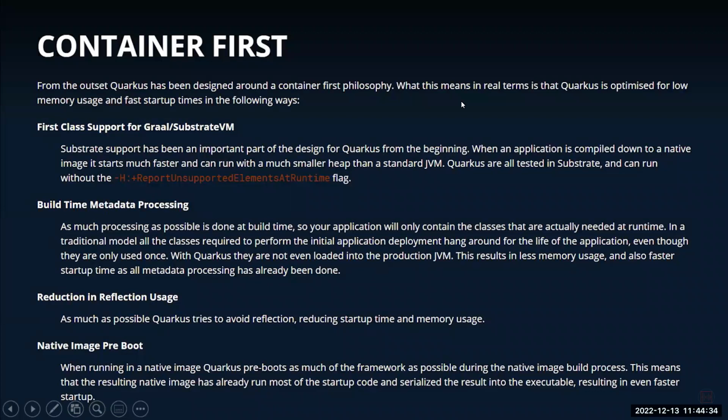It means that Quarkus is optimized for low memory usage. Whenever we design a program using Quarkus, the amount of memory the application consumes is low. When I say low, I'm comparing it with other application frameworks like Spring Boot.